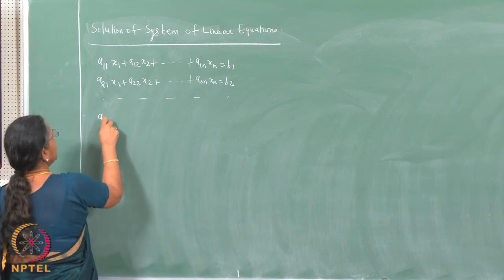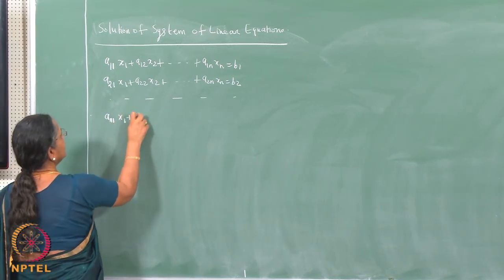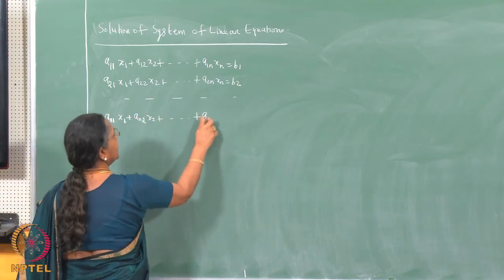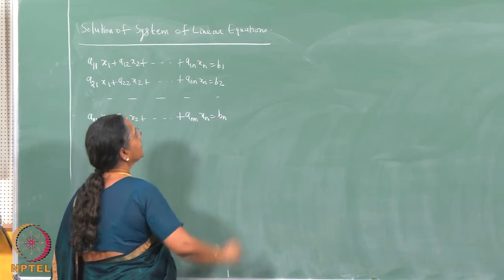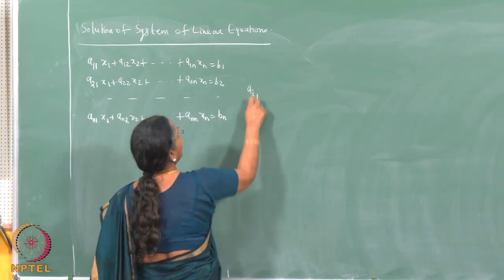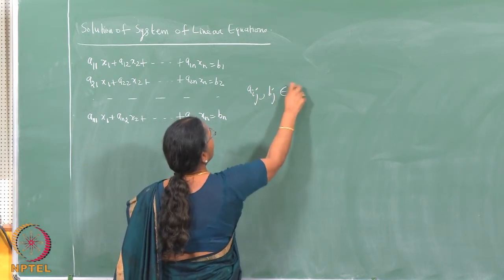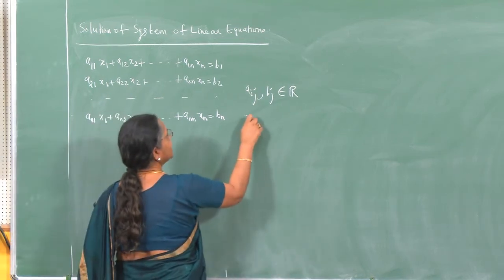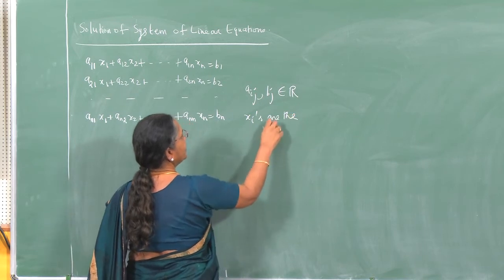The nth equation is an1 x1 plus an2 x2 plus etc. plus ann xn equal to bn. Here the aij's and the bj's are all real numbers, and the xi's are the unknowns to be determined.